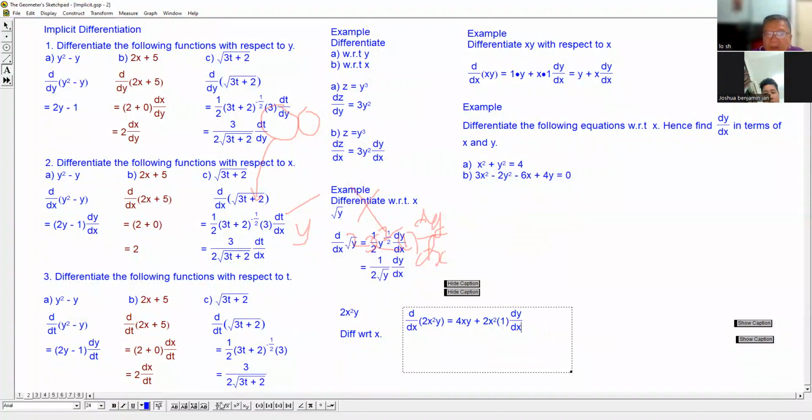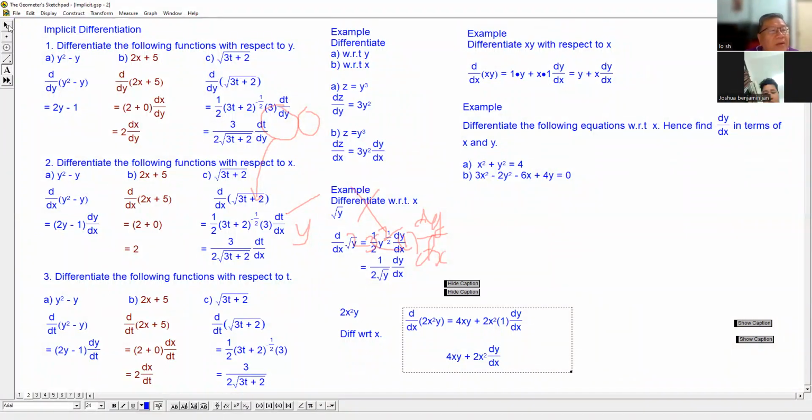So finally, the answer will be 4xy plus 2x squared dy over dx. So this will be the answer.